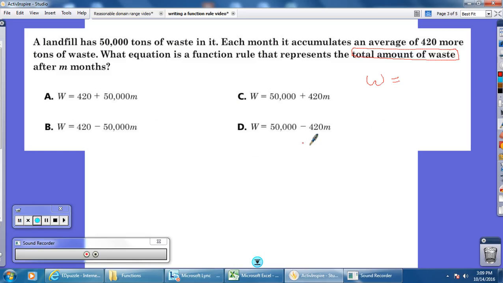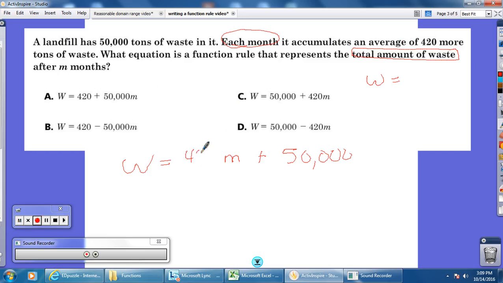So right off the bat, let me write it over here, I have 50,000 tons of waste. Boom, right? Each month, there's a power word, each month, right? So there's that M for month. I'm going to have an M right here, right? It accumulates an average of 420 more tons.